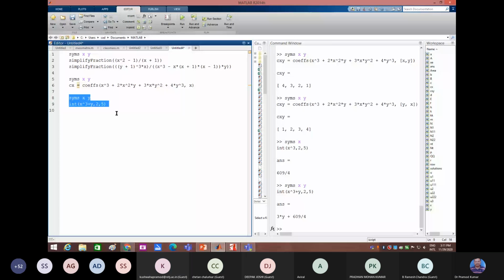Now integrate this one with respect to y. Then what will be the answer for this?